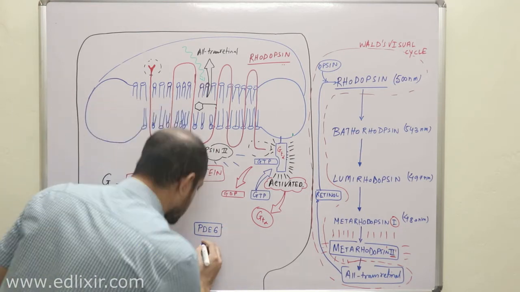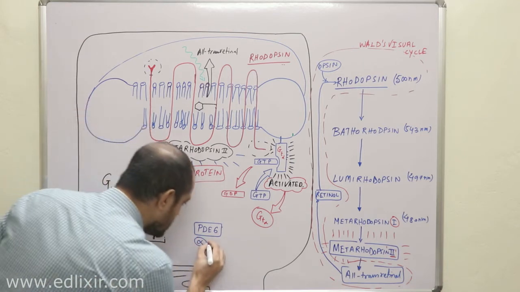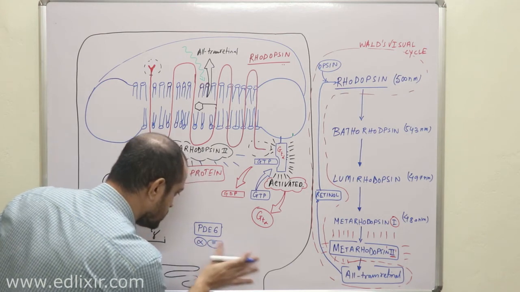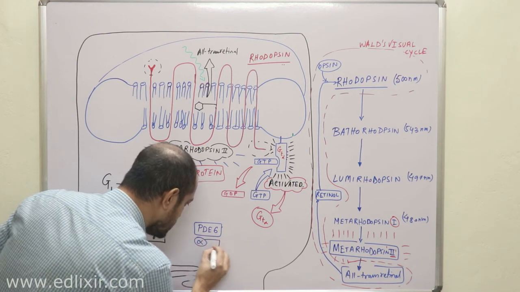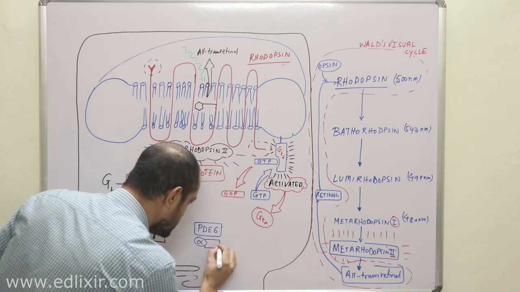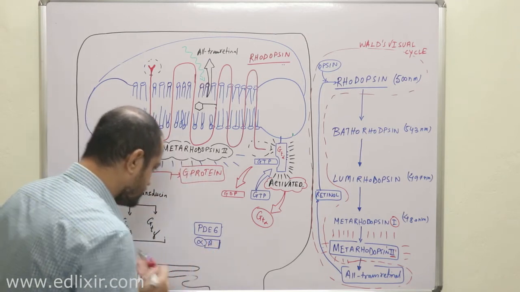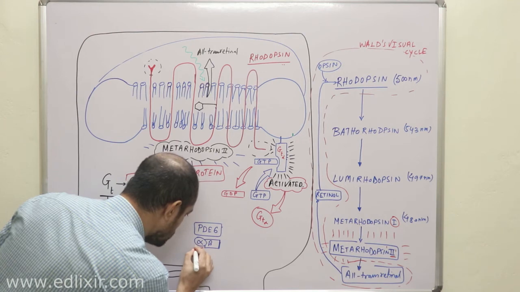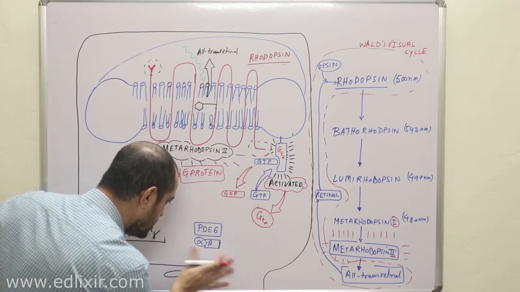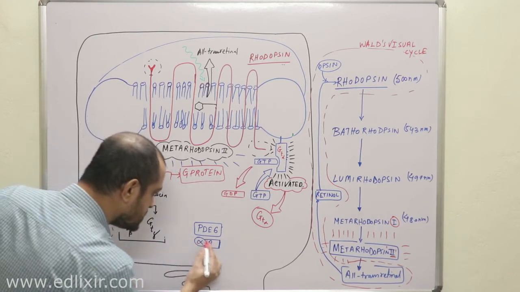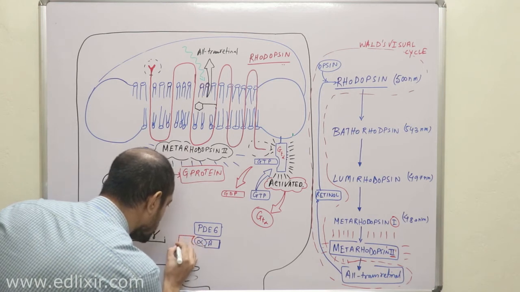PDE6 actually looks like this. There are alpha subunits which are catalytic in nature. There is an alpha subunit. There is a beta subunit. And there are two inhibitory subunits which inhibit these catalytic domains.